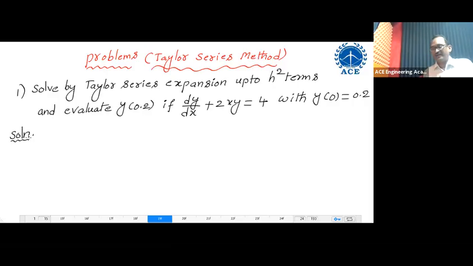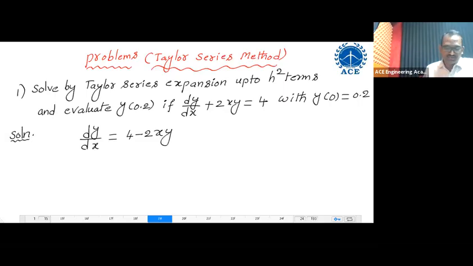Now, let us find the solution of this differential equation using the Taylor series formula. The general form of the differential equation is dy by dx is equal to f of x, y. So dy by dx is equal to 4 minus 2xy; 2xy will go right, then it becomes 4 minus 2xy.